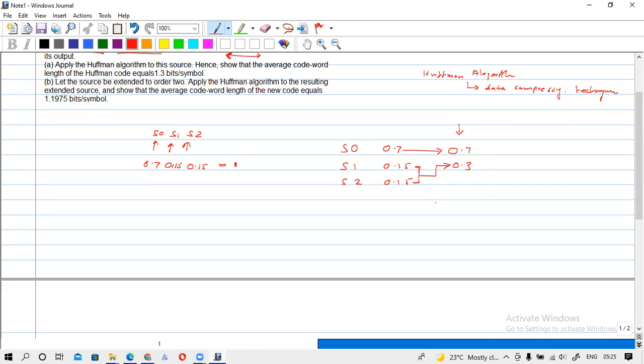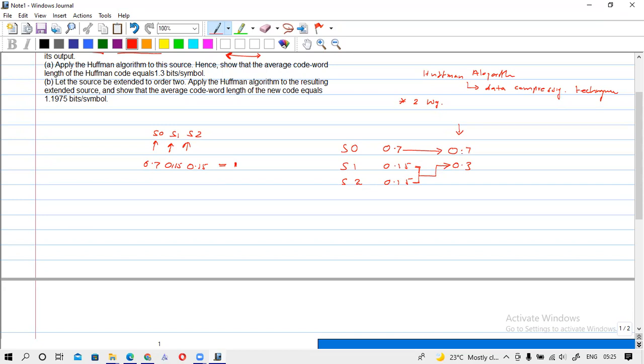Now you can assign the bits. There are 2 ways you can assign the bits. One way is you can assign the bits only for this addition part. I can't explain it here because only 2 steps are there.